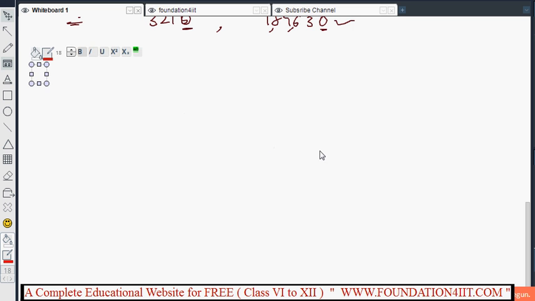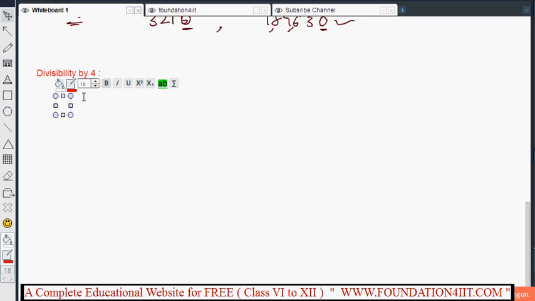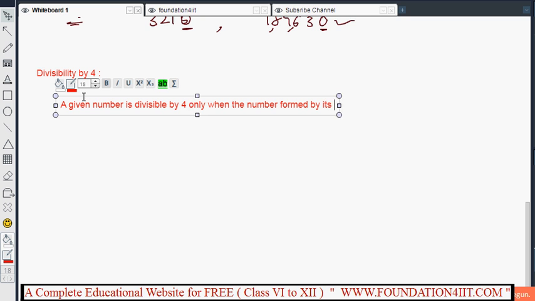Some other rules also. See divisibility by 4. So the rule for 4 here: a given number is divisible by 4 only when the number formed by its last two digits is divisible by 4. The last two digits are the units place and tens place.